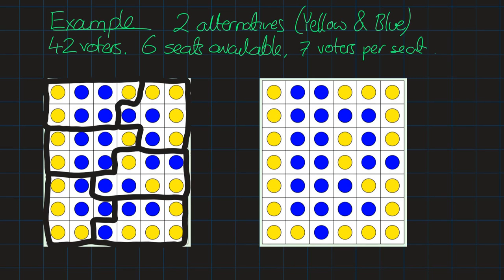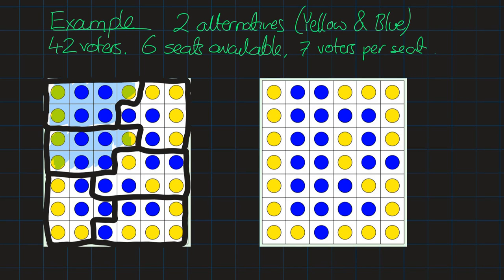If I district like this, how many seats did yellow win? If we look at the top left one, yellow has 3, blue has 4, so blue wins this one. The one underneath it, yellow has 3, blue has 4, so blue wins this one as well.